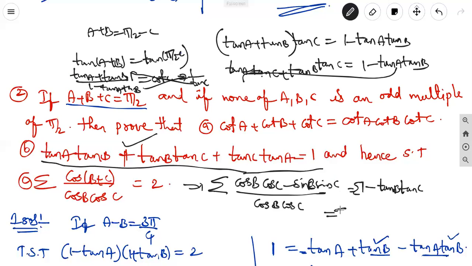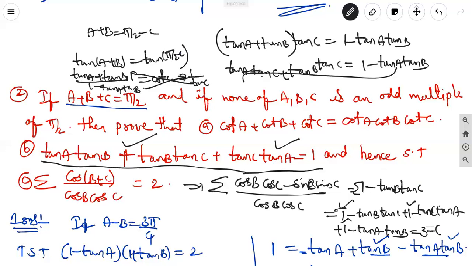In the same way, the expansion is 1 minus tan B tan C plus 1 minus tan C tan A plus 1 minus tan A tan B. 1 plus 1 plus 1 is equal to 3. Taking minus common, we get the second expression, that is minus of the summation of the three expressions, which is equal to 1. 3 minus 1 is 2. This is the proof of the given problems.